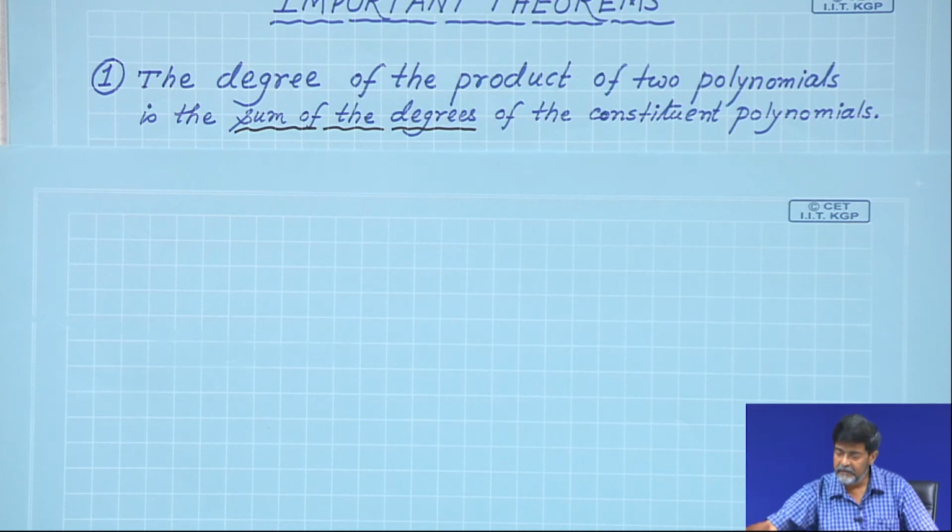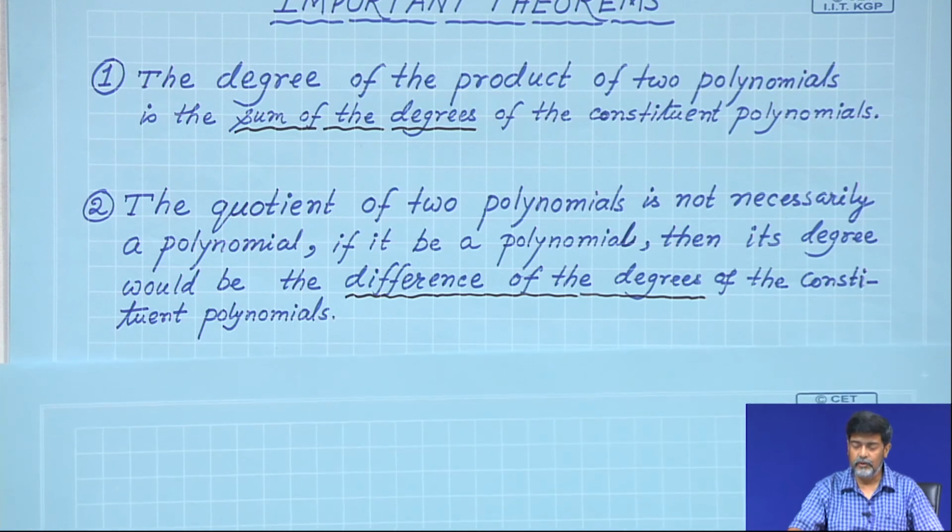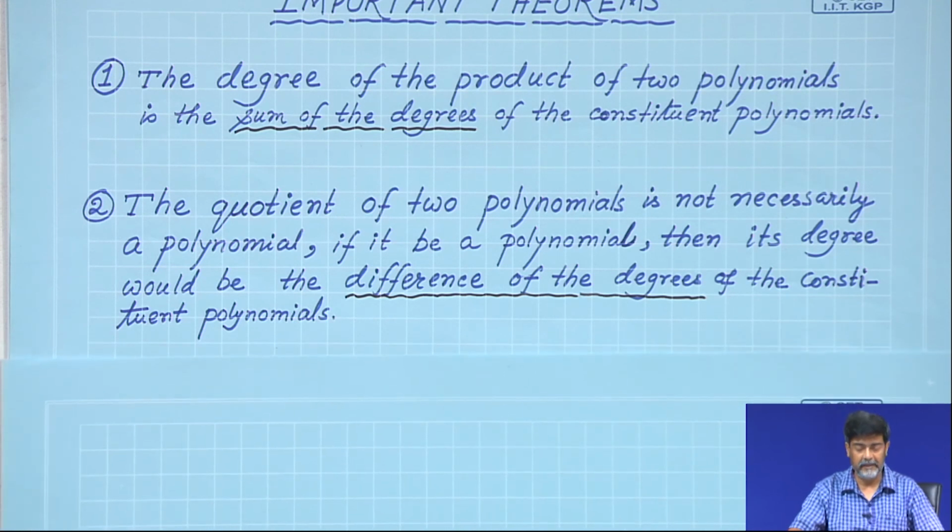But in the previous example, x cube plus 1 divided by x minus 1 is not a polynomial. Therefore, we can say the quotient of two polynomials is not necessarily a polynomial. If it is a polynomial, then its degree would be the difference of the degrees of the constituent polynomials.